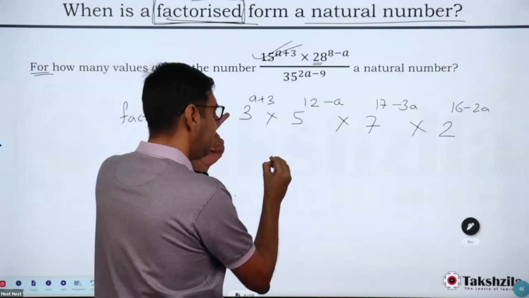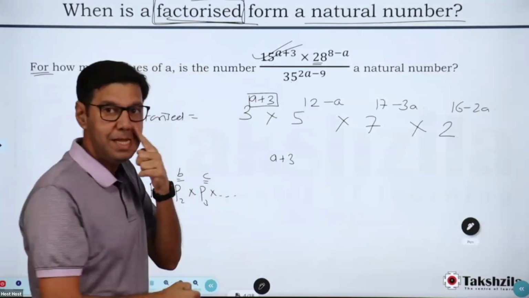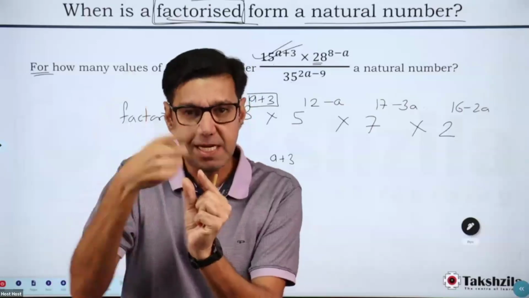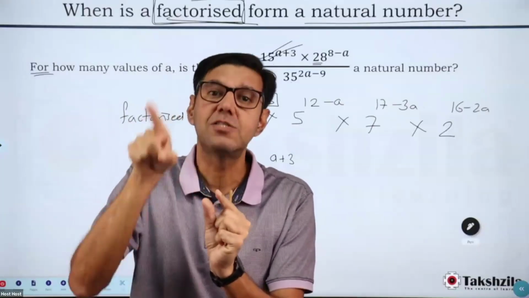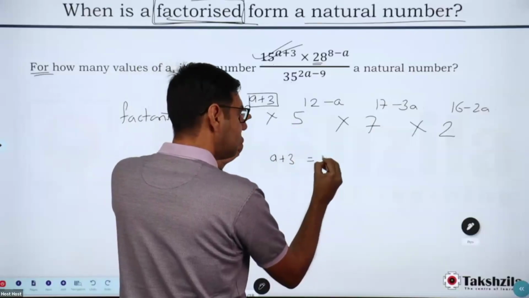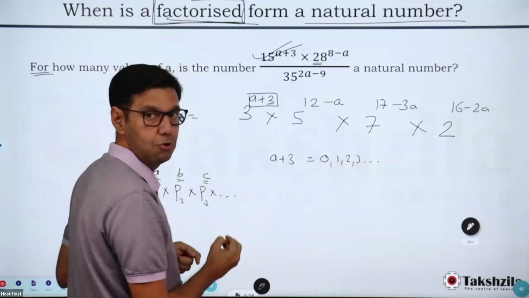So now the link will become A plus 3. This number could be 3, is a prime, na? Prime. So it could be present or absent. And if it is present, it could be once, twice, 3 times. So absent means it could be 0. So this could be 0 or 1 or 2 or 3 or so on. So how do you write this?